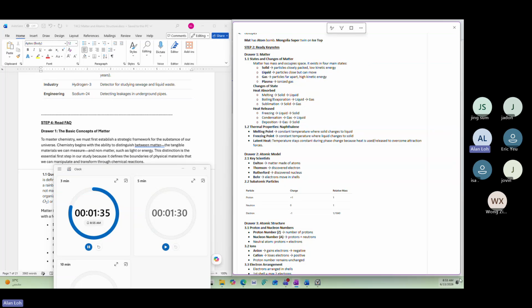Right? You should be in drawer 2 now. You should be in drawer 3 by now.